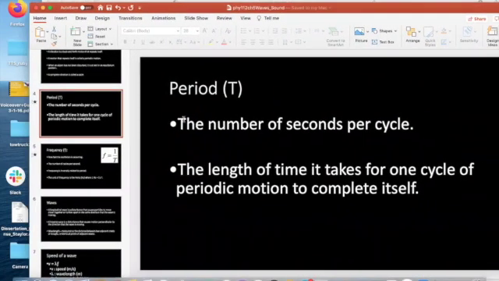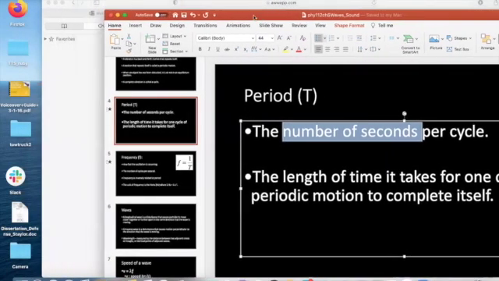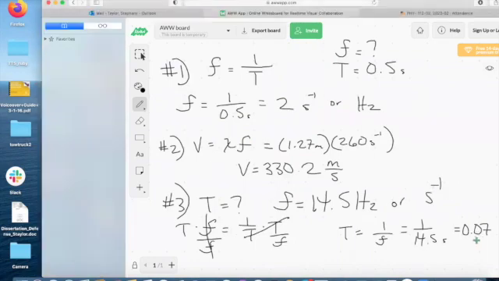Our period T is the number of seconds, so the time period of the cycle is going to be in seconds. For frequency, hertz is seconds to the minus 1 power, but for the time period, it's just seconds.